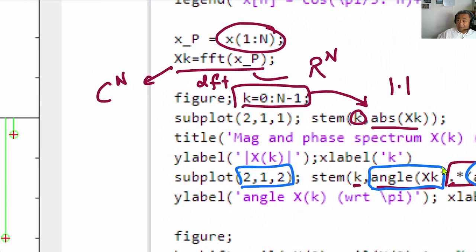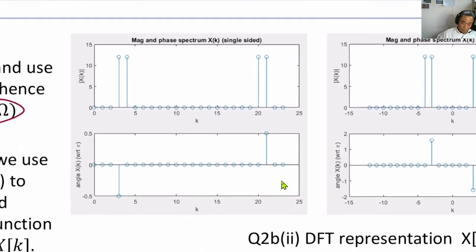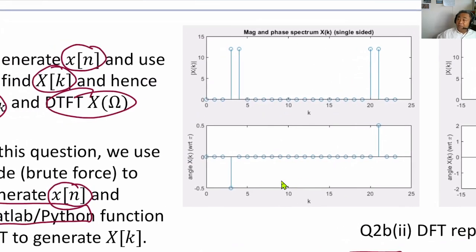Okay, so I'm going to show you the plot from using this figure. So there will be two plots. The top plot is the magnitude, the bottom plot is the angle. Okay, where is it? It's here. So first is the magnitude on top, here the angle below.